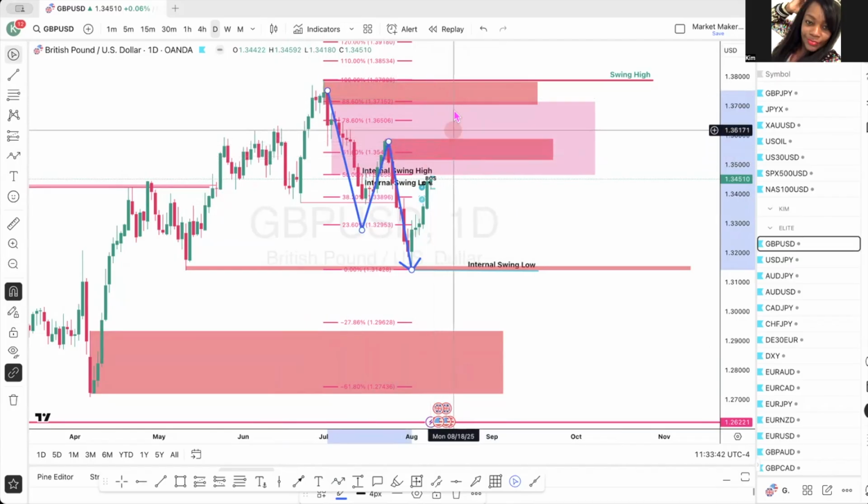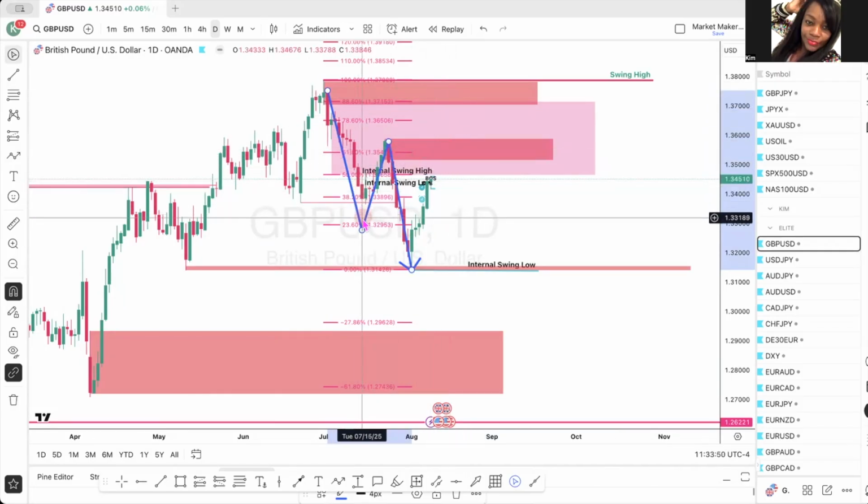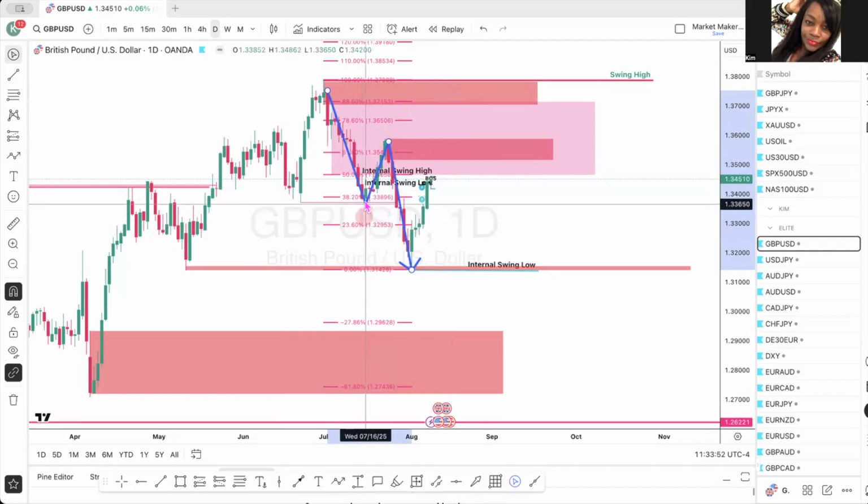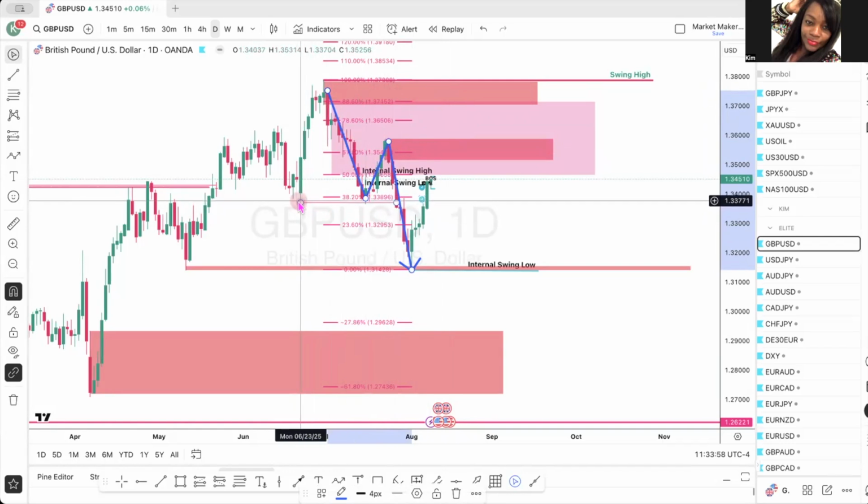Maybe you weren't on the call when we talked about this, but that's why I marked up the two zones, because my market structure shift did not happen until right here. I need to see a candle close below the low, not below the open and close of a candle.